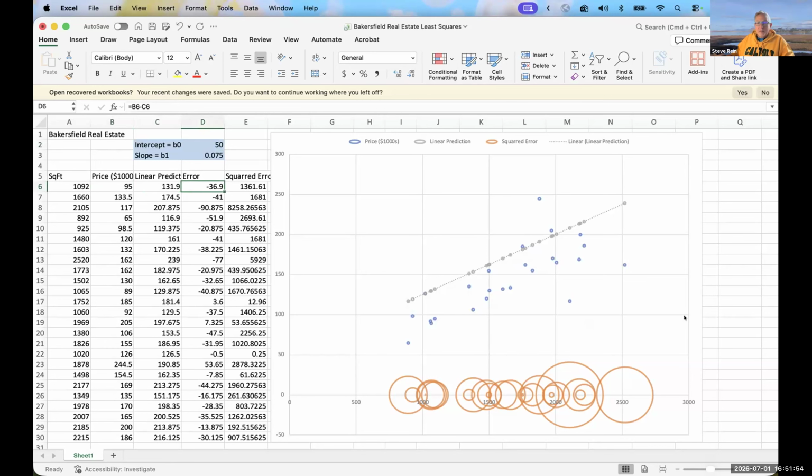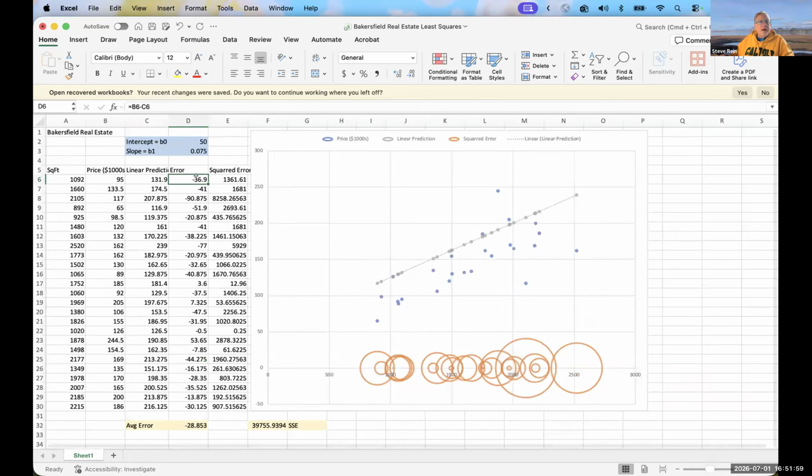How far off am I? I'm over predicting by $37,000. I predicted 132. It sold for 95. My prediction was too high by 37. So the negative means you're below the trend line.